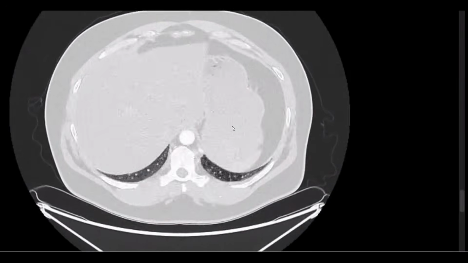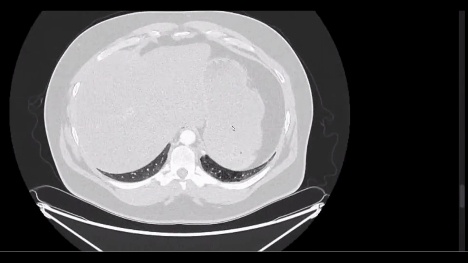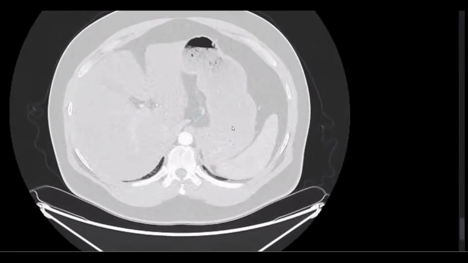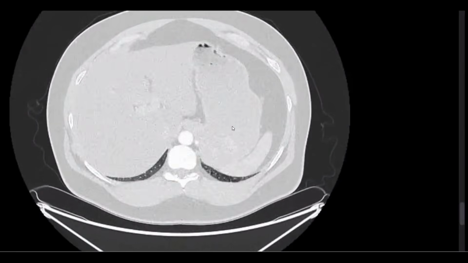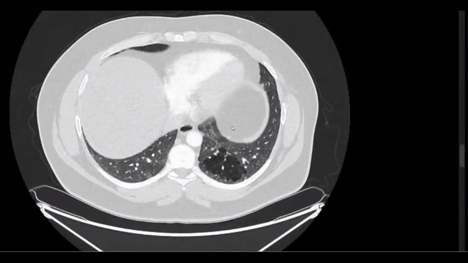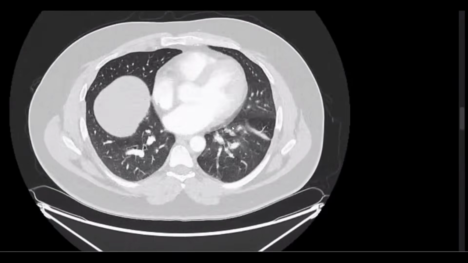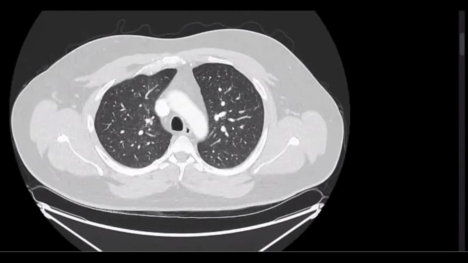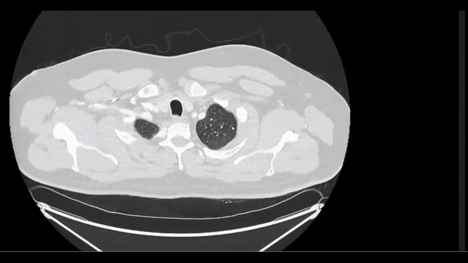It is supplied by a vessel which is directly coming from the thoracic aorta. No evidence of air fluid level. No surrounding inflammatory changes in the rest of the lung parenchyma, and the rest of the lung fields are normal. Trachea, mediastinum, pulmonary vessels, and heart are normally opacified with the contrast.